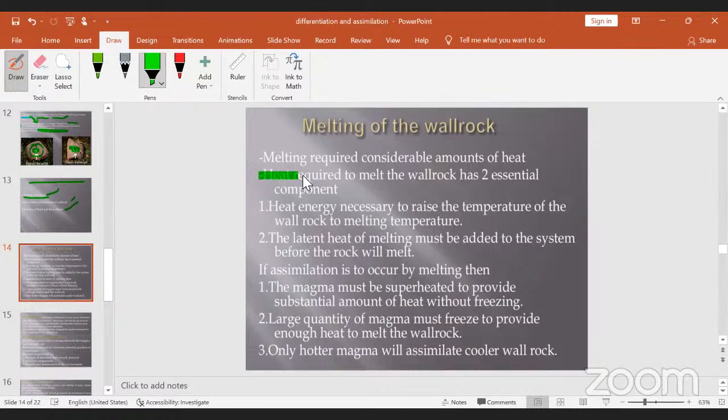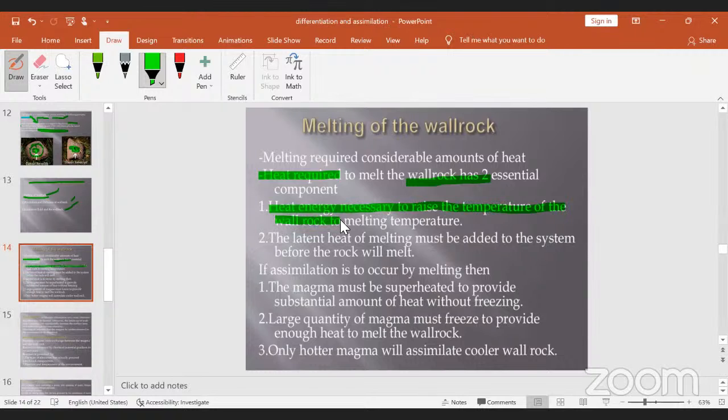The heat required to melt the wall rock has two essential components. First is the heat energy necessary to raise the temperature of the wall rock to melting temperature. And second is the latent heat of melting, which must be added to the system before the rock will melt.